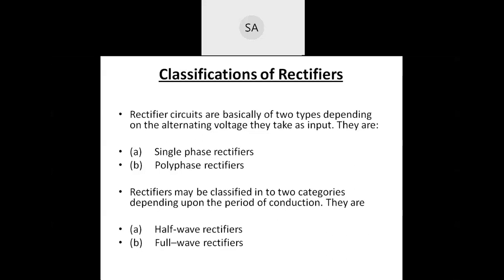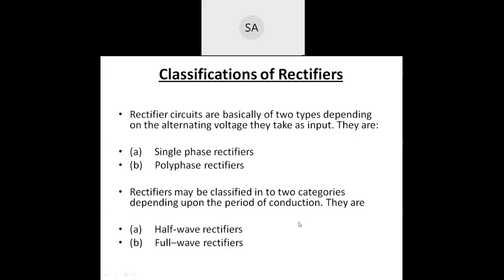They are half wave rectifiers and full wave rectifiers. This is the topic we have to discuss in our syllabus. The single phase and polyphase rectifiers are not in our syllabus, but just remember that in the classification, it is based on the alternating voltage they take as input.